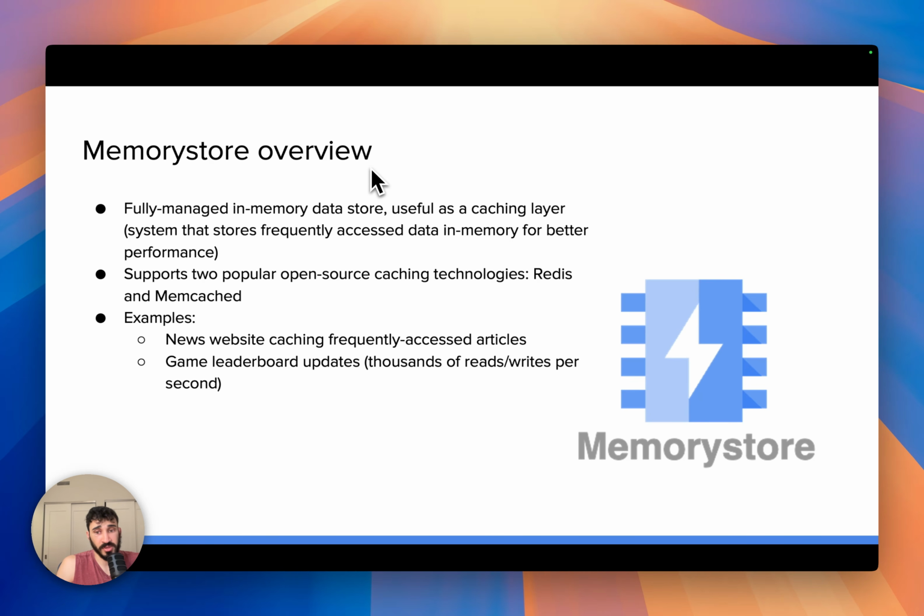So if you see those mentioned on the exam, you should think Memorystore, Cloud Memorystore. A couple of examples of when it might be used are a news website caching frequently accessed articles, or a game leaderboard, with thousands of reads or writes per second because of constantly updating scores across millions of users.